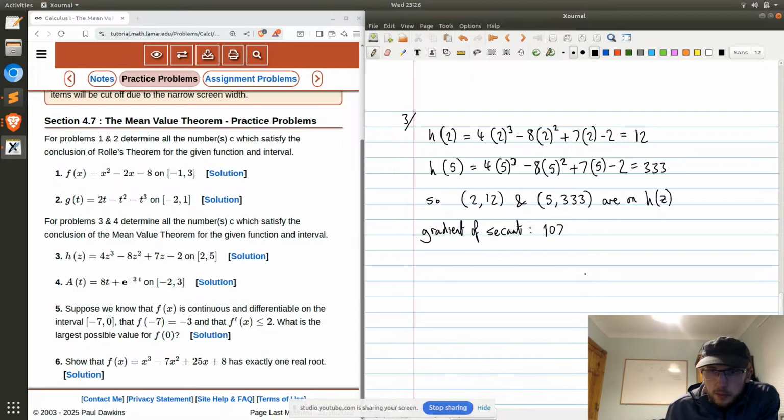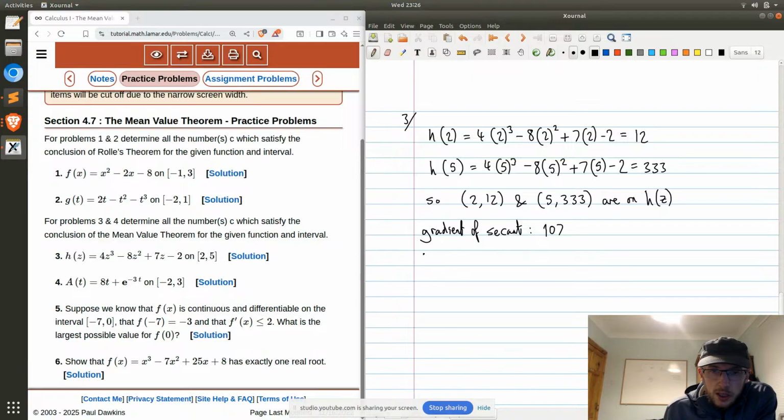That is the slope of the line connecting these 2 points. And the claim of the mean value theorem is that in between these 2 points, for this continuous and differentiable function, there exists a tangent line to the function that also has that gradient. At least one of them. There's at least one of them. And let's see how many there actually are.